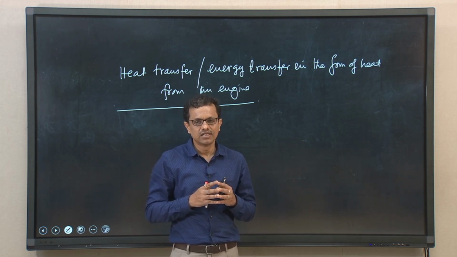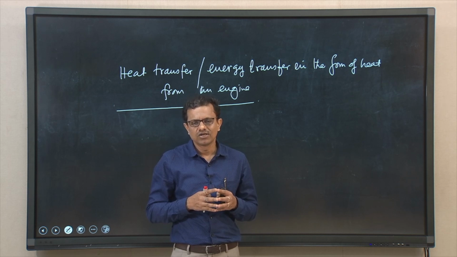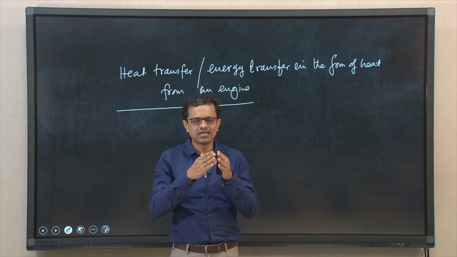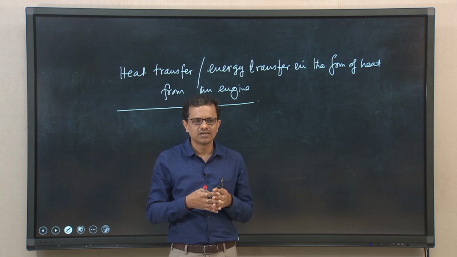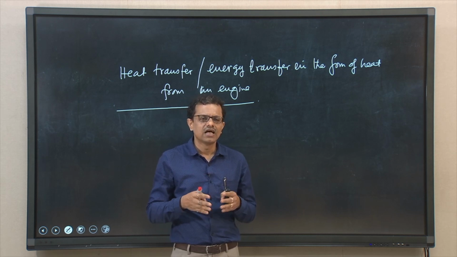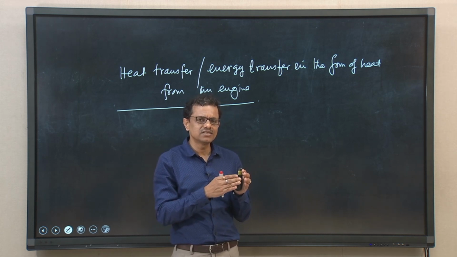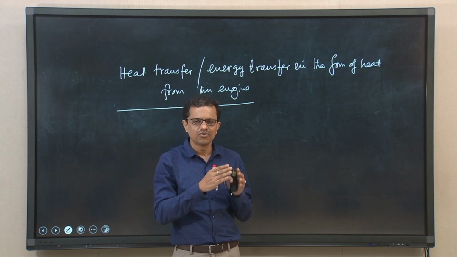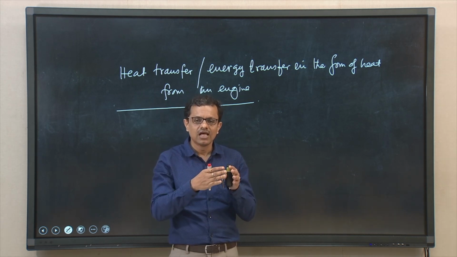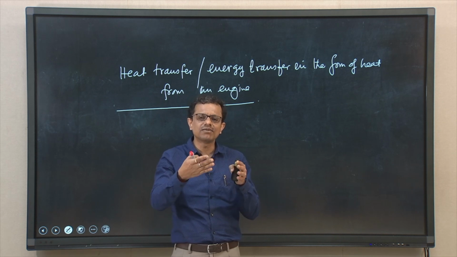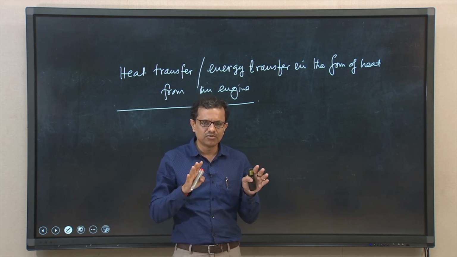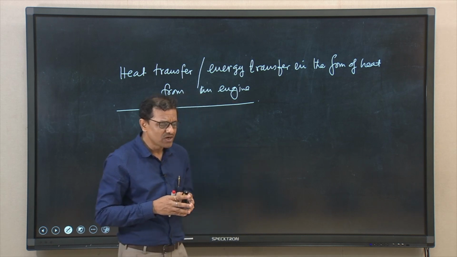The most important modes are conduction and convection. Conduction will be there, because through the engine cylinder wall conduction heat transfer would be there, and then inside the combustion chamber some convective transport of heat would be there from the gases into the inner wall, and from the outer wall into the ambience again convective heat transfer will be there. So, these modes are important.